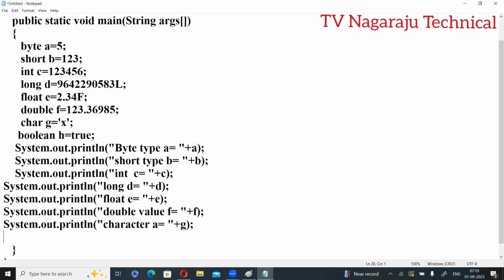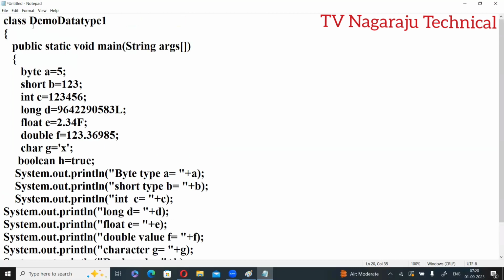Finally, the last one, boolean h. Okay. Now my program is completed. Observe, it only considers the variables that are written after the plus.